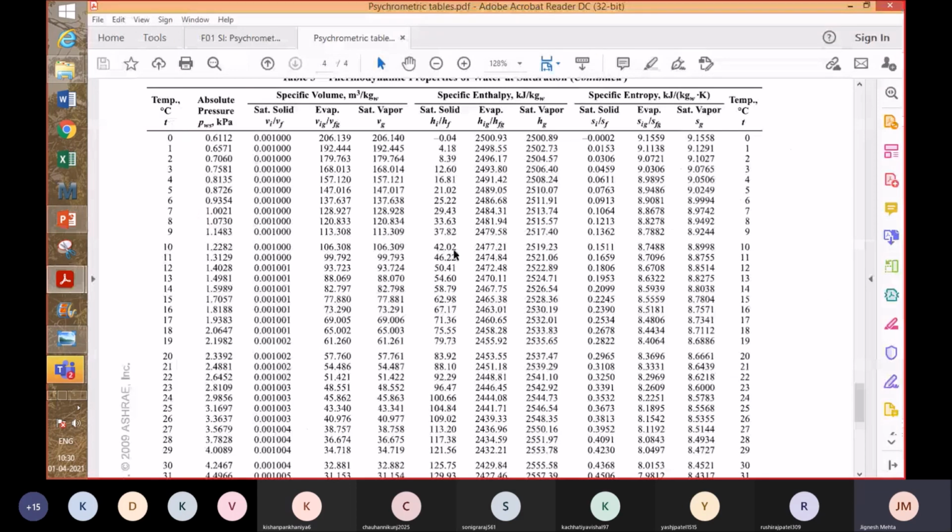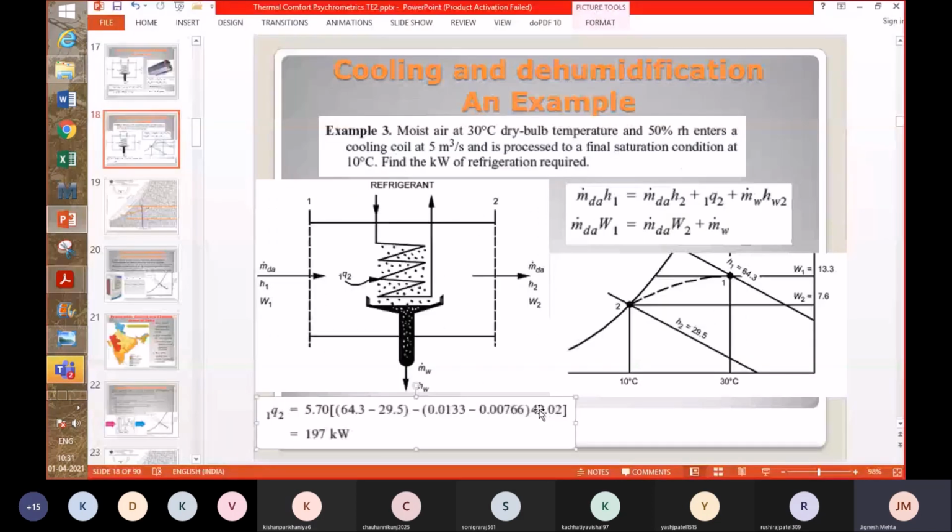So enthalpy of liquid water, which for the subcooled liquid and for the saturated liquid depends upon the temperature. So it should be equal to 42.02 at state 2, not at state 2, but that of the liquid water, right, which is coming out of the system. So it's 42.02. So that is what is put here. It is the enthalpy of the water which is coming out from here.